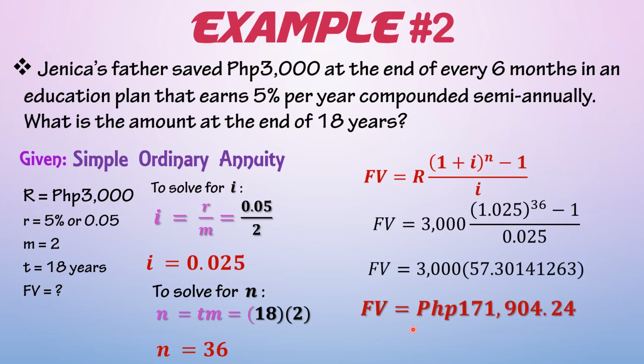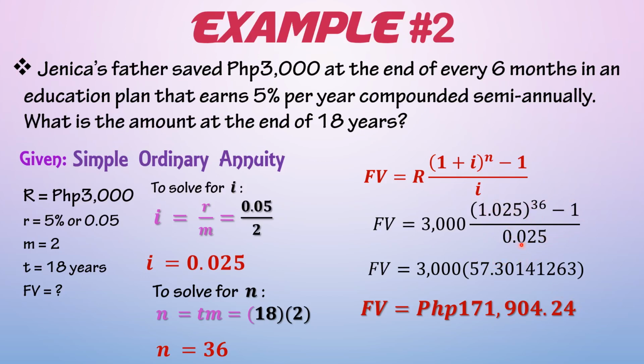Again, substitute everything to this formula. So you will have periodic payment is 3,000, 1 plus I is 1.025, your n is 36, minus 1, divided by the value of I again. So you may just enter this using your scientific calculator and you will get the product.